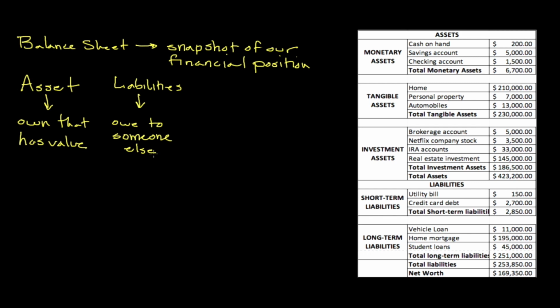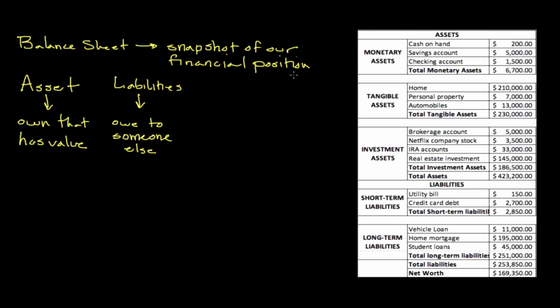So a home is certainly an asset, and you can claim that value, of course, as the value of an asset that you own. However, if you have a mortgage that you pay on that, then obviously that would be a liability since you owe that to the mortgage lender. Another example would be a loan on a vehicle or a laptop of some kind, credit card debt. Those are all liabilities. Those are the things that we have to pay back, and they detract from what we call our net worth.